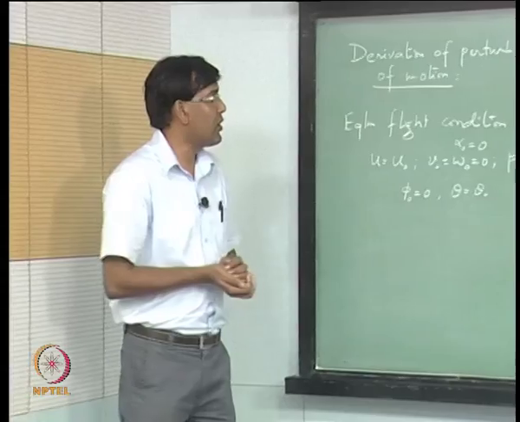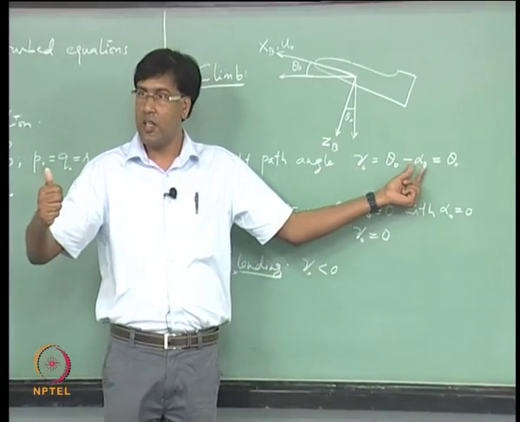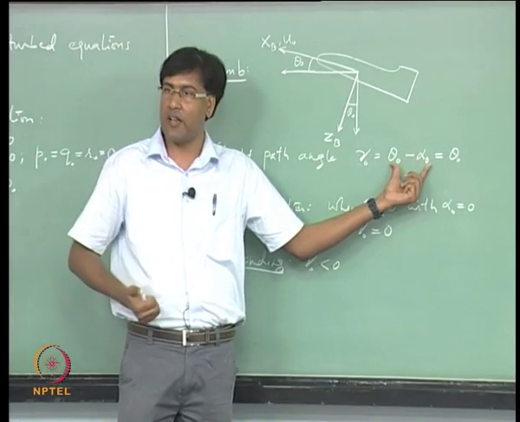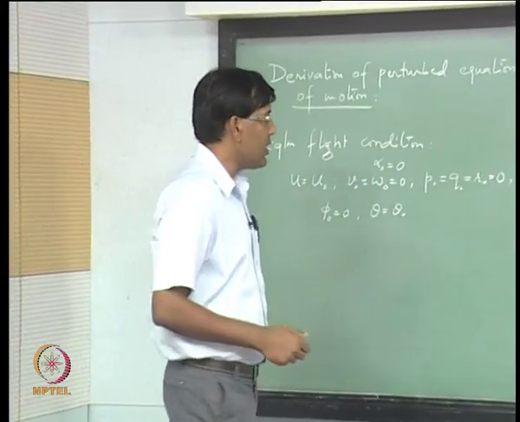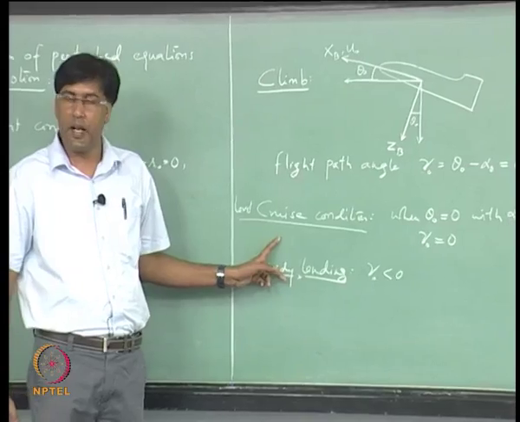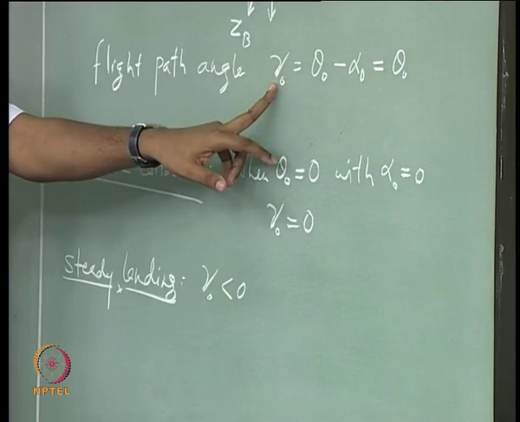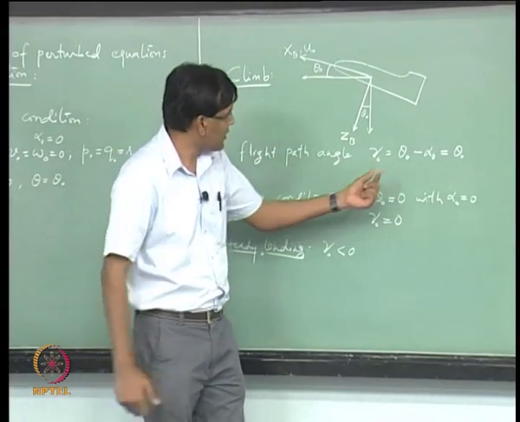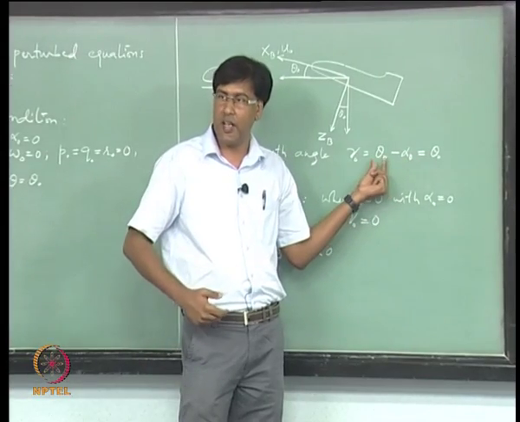You can also have alpha naught which is non-zero and look at what is this quantity theta naught minus alpha naught, to get one of these conditions. The condition in climb is that gamma naught should be positive, and that can happen when alpha naught is positive but smaller than theta naught, which is positive.